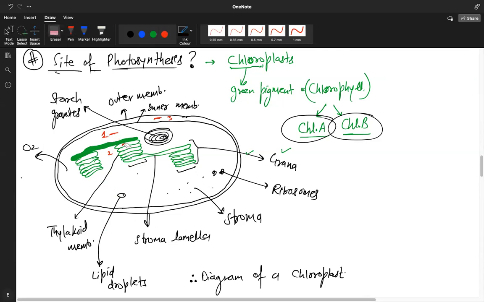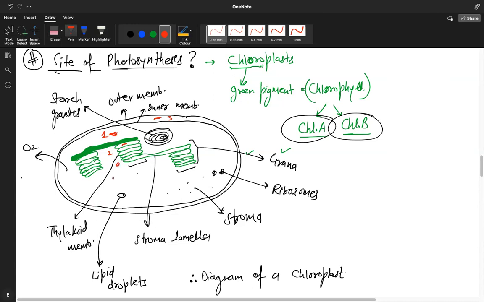Because this is the membrane, so what is the first one? Which is the outer side of the lumen, first or third? First, right? It's simple, no? Are you confused? The first one is the outer side of the lumen, this one, because it's the same as this one, right?